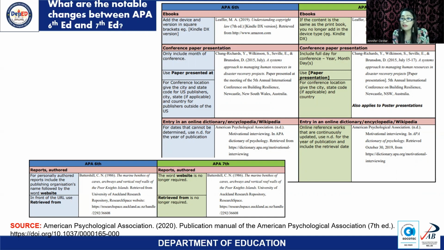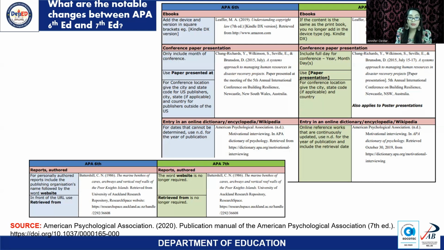Let's compare. Leaper MA 2019, Understanding Copyright Law 7th edition, then the HTTP number. We no longer write Kindle DX version retrieved from. That's the difference.